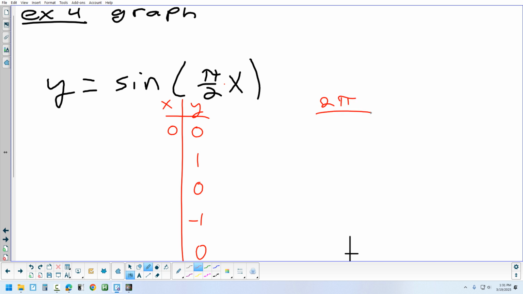So 2 pi over pi over 2. Instead of dividing by a fraction, we can multiply by the reciprocal, 2 over pi. What happens when you do that? The pi's cancel out, and it'd be 4. The cycle length of this graph is just 4.